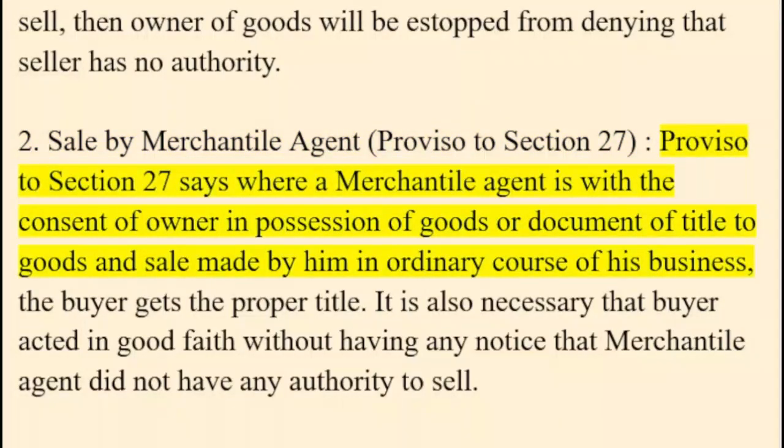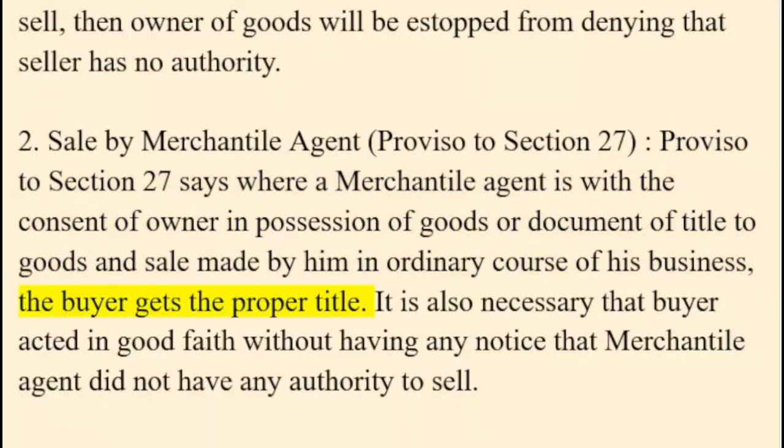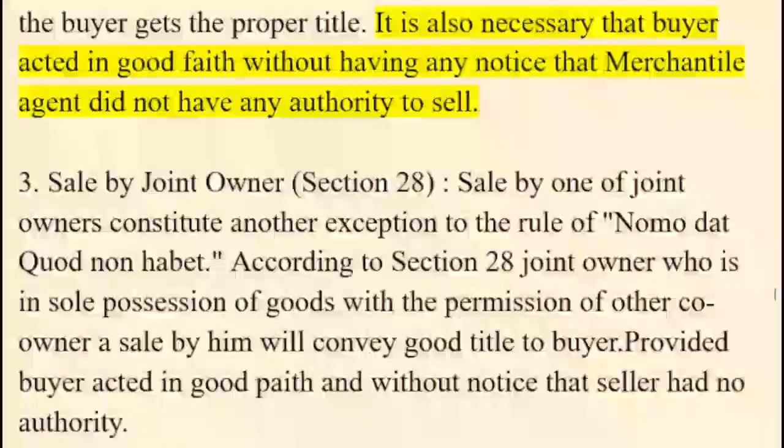Proviso to section 27 says where a mercantile agent is, with the consent of the owner, in possession of goods or document of title to goods and a sale is made by him in the ordinary course of his business, the buyer gets the proper title. It is also necessary that the buyer acted in good faith without having any notice that the mercantile agent did not have any authority to sell.